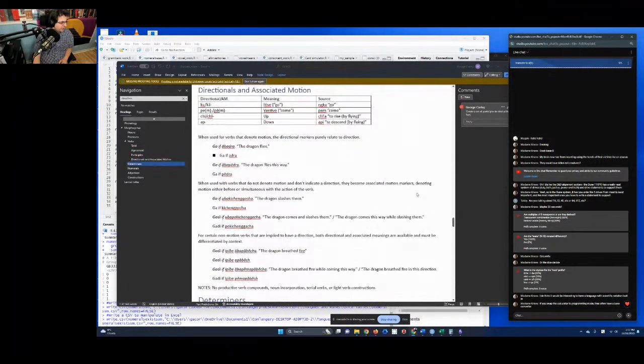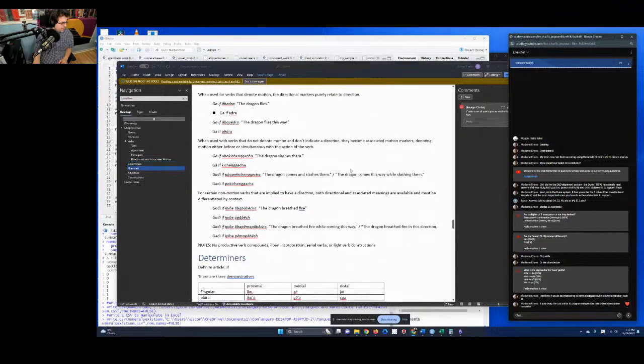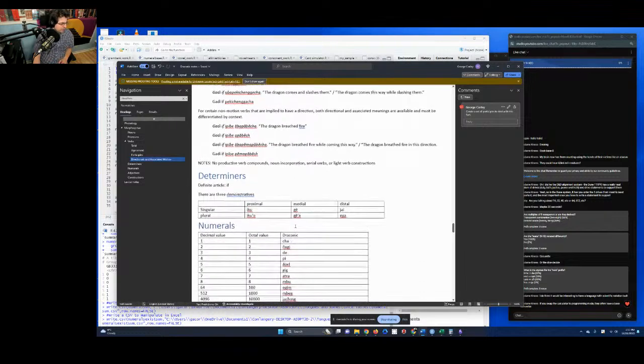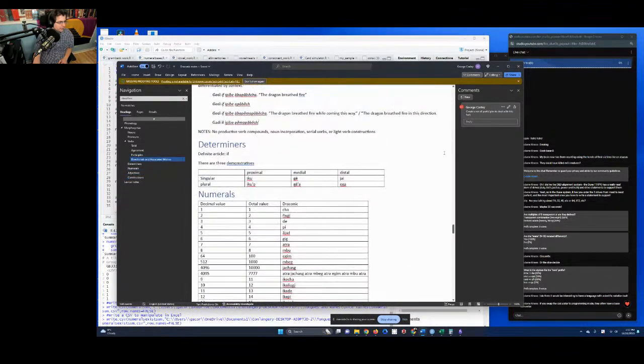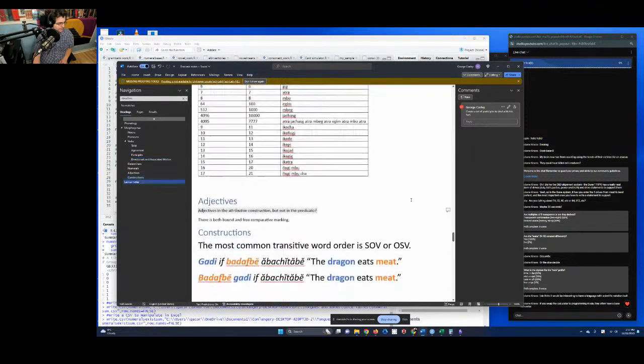I was also considering truncating a couple of, making this instead of cha, making it just the ch. But I don't know. I think I can leave that. It's not too much of an issue.